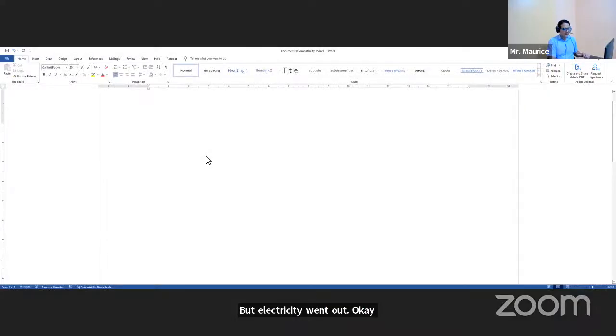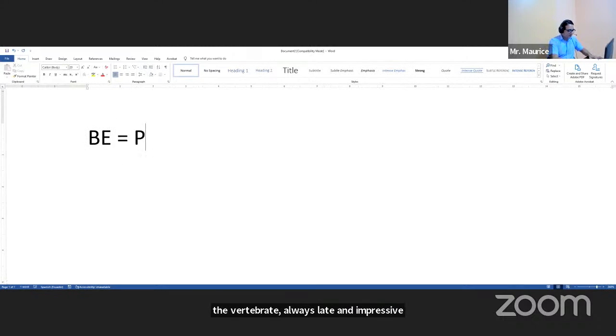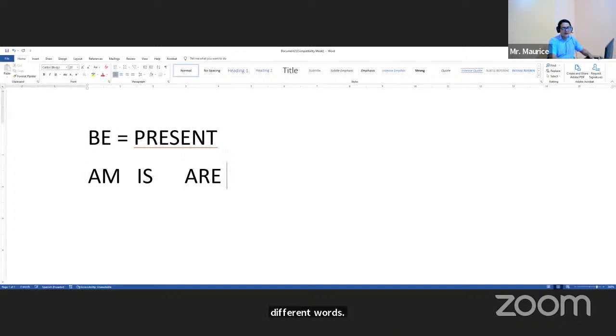Okay, there you go. So remember, be going to, as you read before in the previous PowerPoint presentation, is not a tense actually, but a structure. When we say be, this word belongs to the verb to be, and in present, the verb to be is subdivided into three different words: am, is, and are, okay?